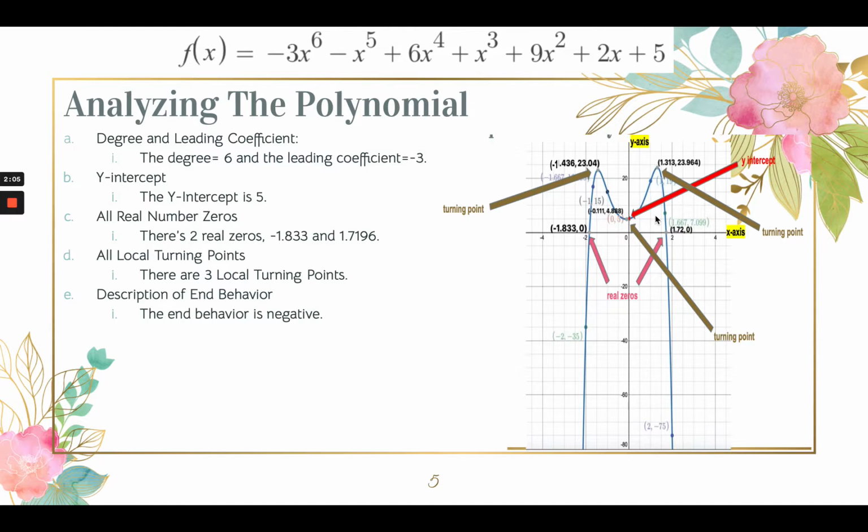As seen here, my turning points are negative 1.436, 23.04, negative 0.111, 4.888, and 1.313, 23.964. The y-intercept is 5, and the real zeros are negative 1.833, 0 and 1.72, 0.